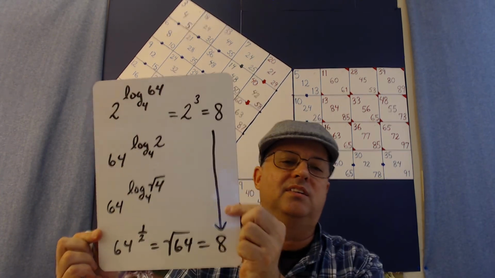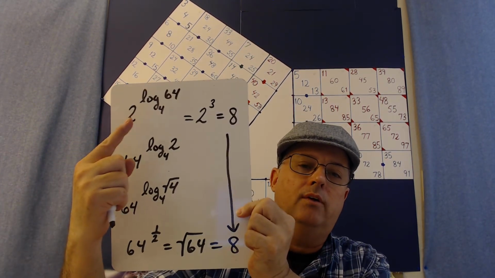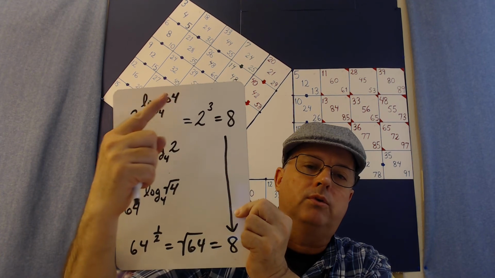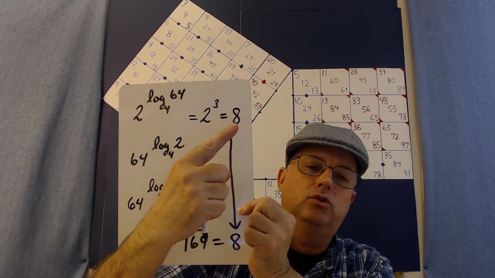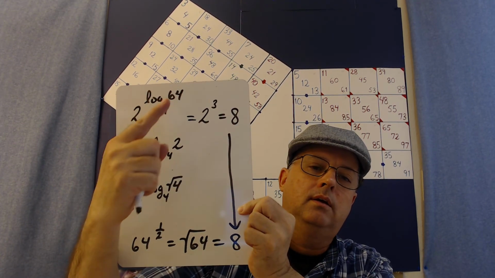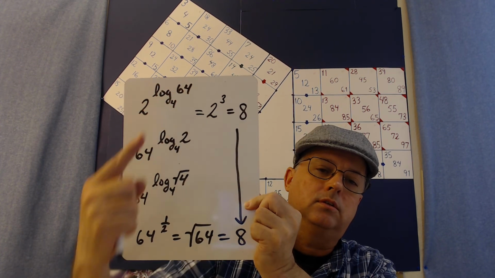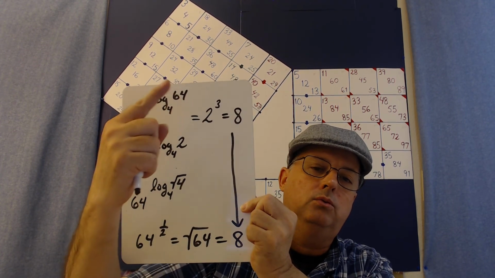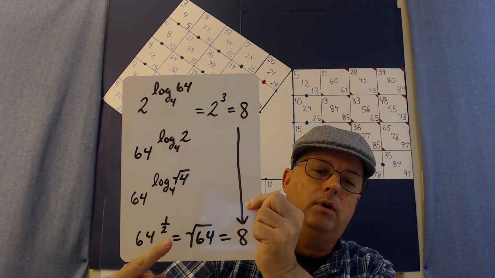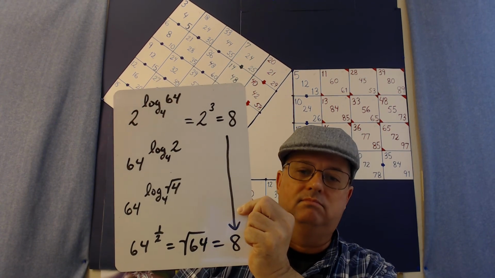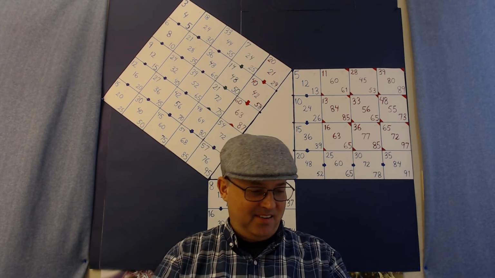Check it out. When you have 2 to the log base 4 of 64, and you simplify it, you get 8. And if we switch it, the 64 is here and the 2 is there, then when we work it out, it's also 8. Cool stuff. Logarithms are awesome.